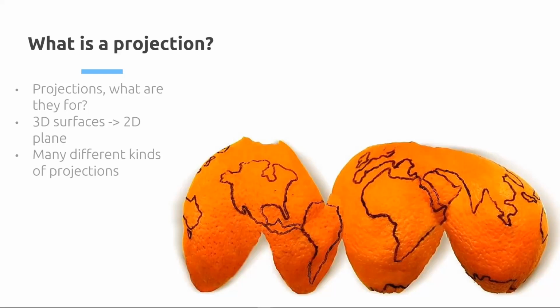Where one projection might be really good because it maintains the shape of a place, other projections might not be as good for maintaining shape. They might make a shape look inaccurate or different than it actually is. So when we're talking about projections, we're not just talking about the process of creating this 2D plane, but also about a variety of different types of projections.